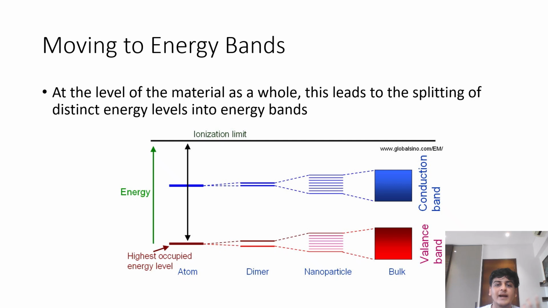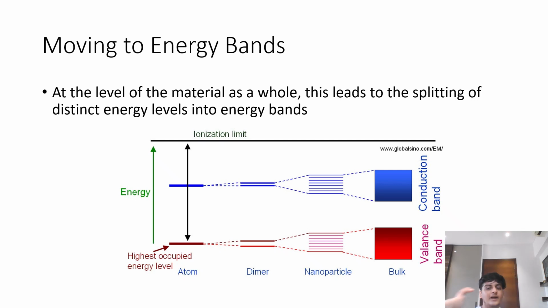So the statement that I want you to grasp from this is that when atoms with their own energy levels are isolated and then they're brought together and interact with each other, these energy levels split into energy bands. What this energy band means is that the electron can take any energy level in between this band, because there are so many different energy levels present there.